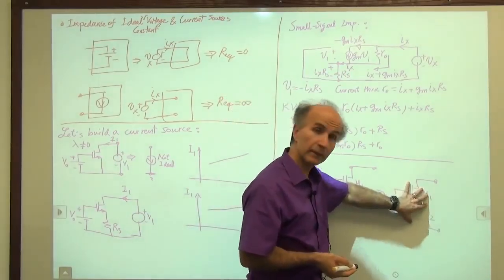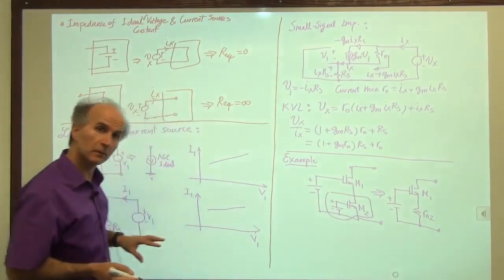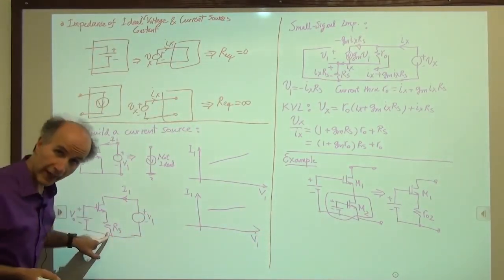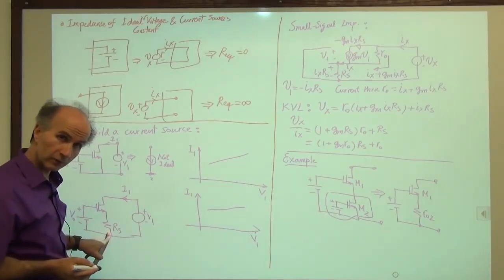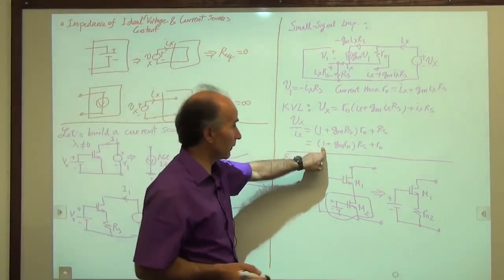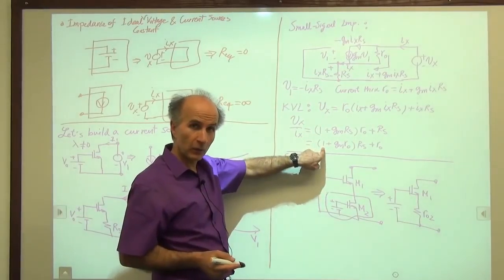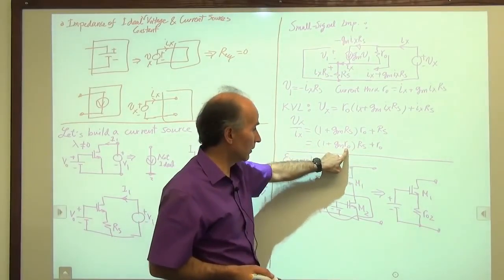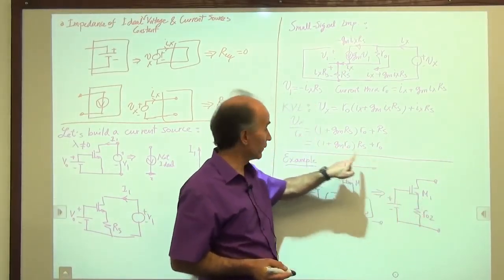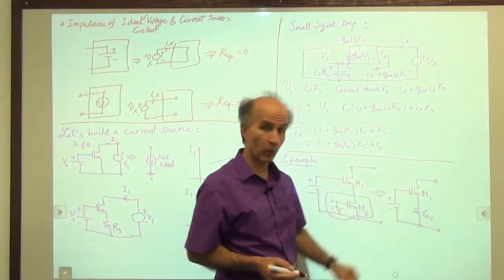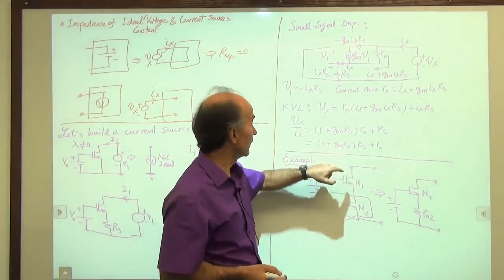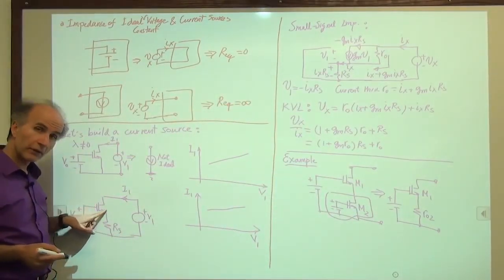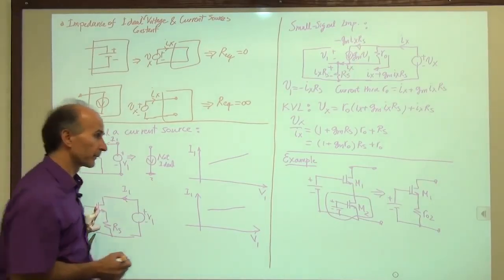So now this circuit maps to this circuit. The only thing that we have called RS is RO2. So the result that we obtained before is readily applicable. We just need to change RS to RO2, RO to RO1, and gm to gm1, because gmRO belonged to the original current source transistor.